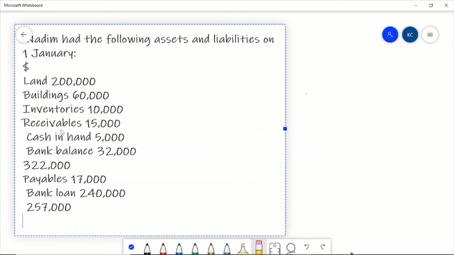Receivables, the other name is debtors. The people that owe you money or anything, they are called receivables. Those are also assets. So Nadim had $15,000 worth of receivables, and then cash in hand, that is just the cash that he had, not in the bank. It was worth $5,000.